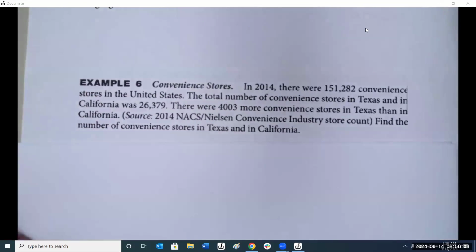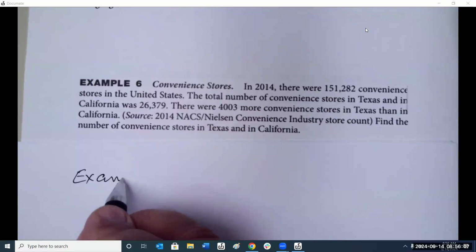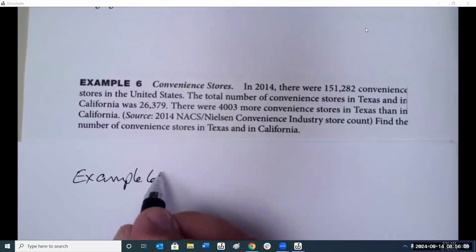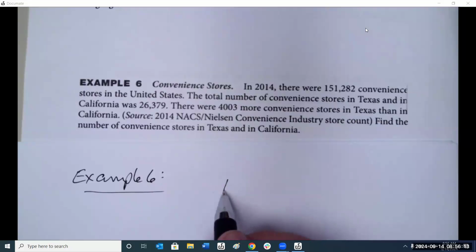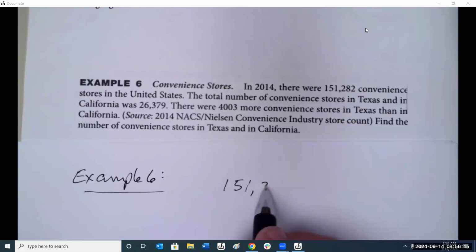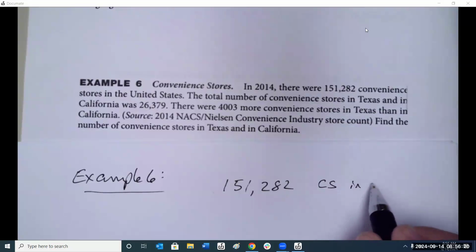All right, now the next one. Convenience stores. This is example 6. In 2014, there were 151,282 convenience stores in the US.